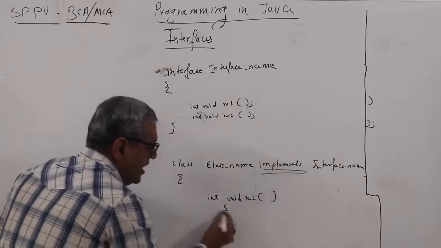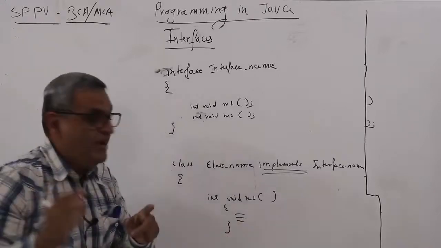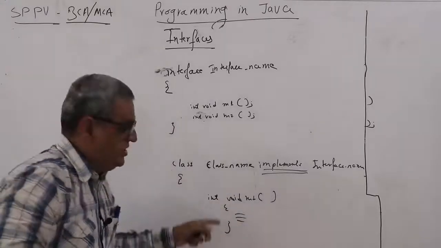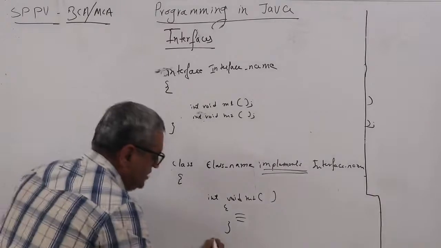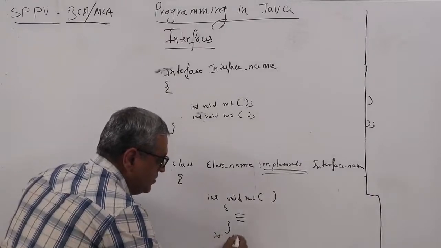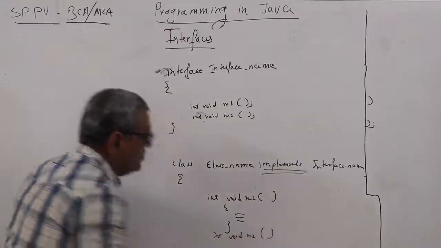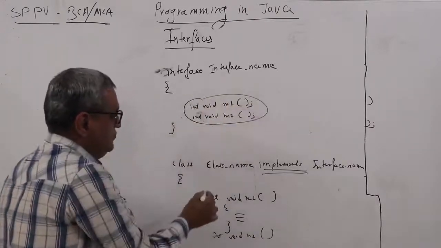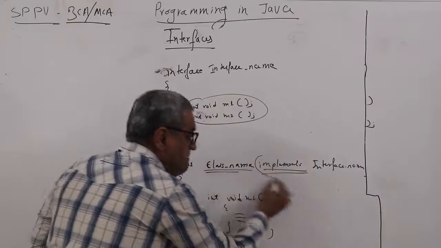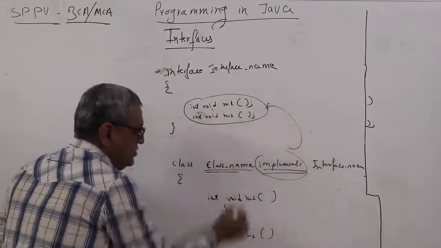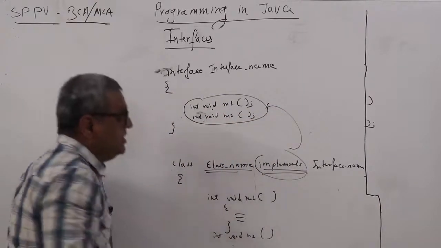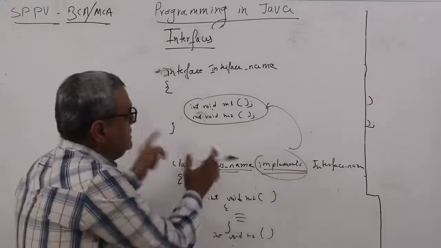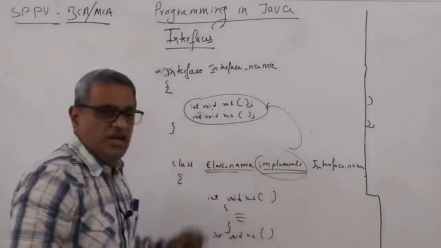I have to now define and detail out the methods here. Similarly, I will also have to create method 2. So all those methods which are there in the interface, if this class implements this interface, all these methods have to be detailed out in this particular class.